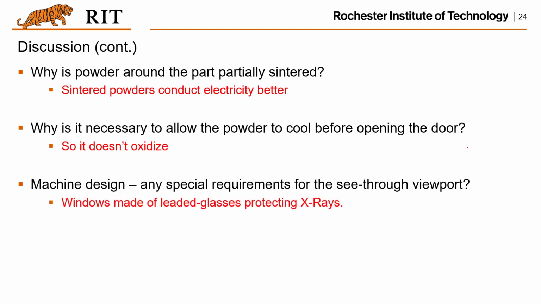And from the machine design point of view, if there is a see-through viewpoint, you need to make the window a leaded glass part, such that it will protect the user's eyes from the X-rays, because when the electron beam hits the metal, X-rays are generated.